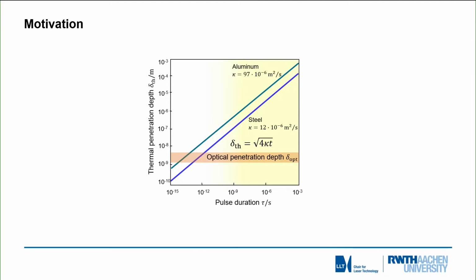So if you watched the video on pulsing laser radiation part 1, you remember this picture on the motivation where we plotted the thermal penetration depths versus the pulse duration, and we were able to access domains in time for the laser pulses down to maybe a nanosecond.